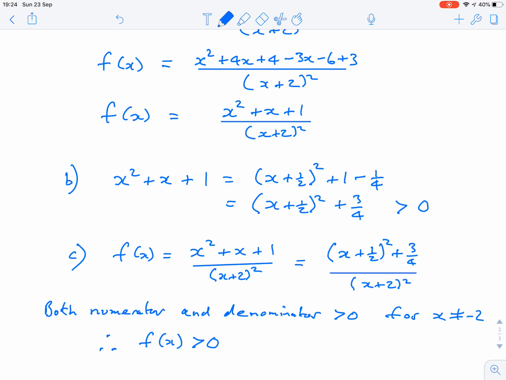It's greater than 0. A positive divided by a positive gives you a positive. Therefore f(x) is greater than 0 for all x except x is equal to minus 2. And that completes the recap.